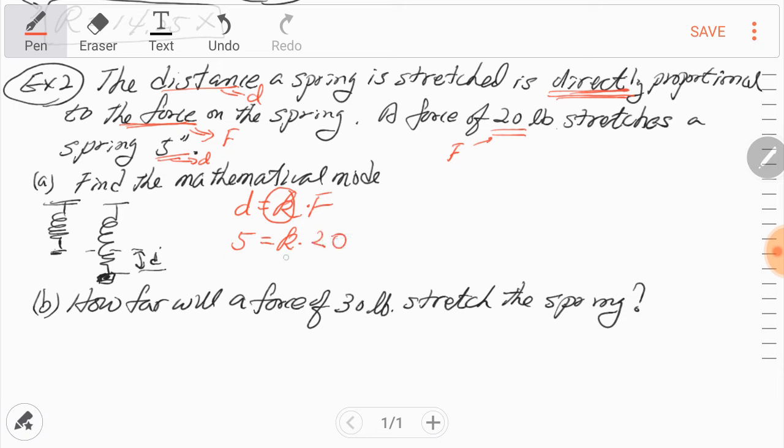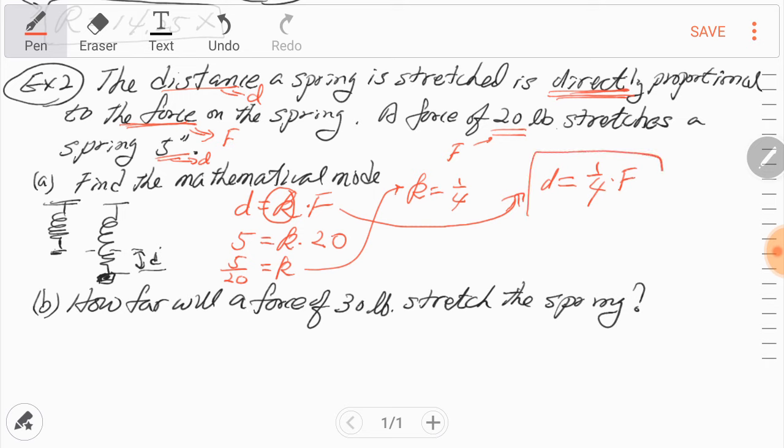Then k equals 5 over 20, so k equals 1/4. Since we found k, let's write the mathematical model: d is equal to k times f, so d equals 1/4 times f. This is the equation that represents this direct variation.